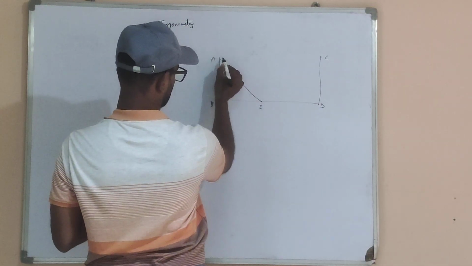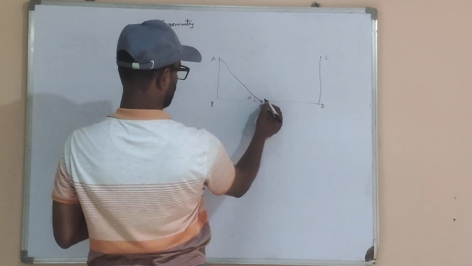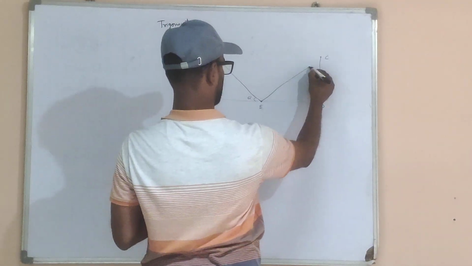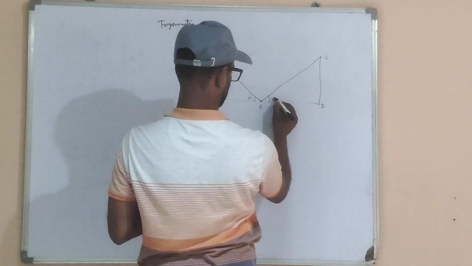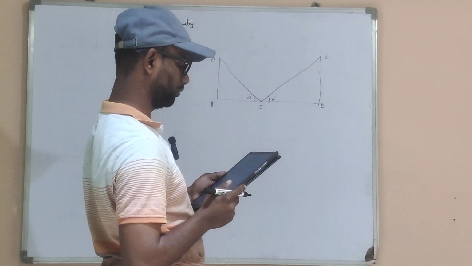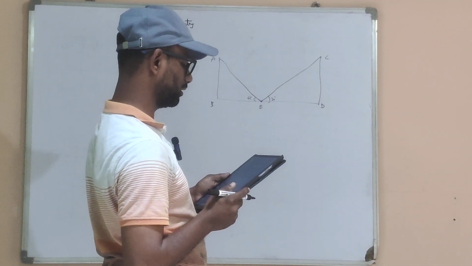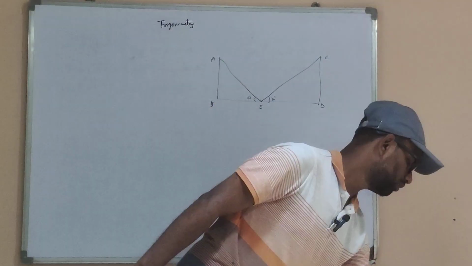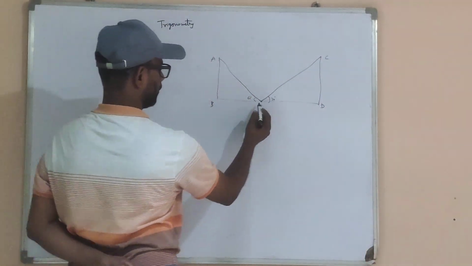So this is 60 degrees, this is 30 degrees. Find the height of the poles and the distance of the point from the poles.